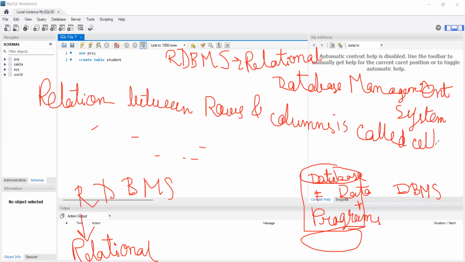Which relation? In the RDBMS system, the data that we store is in a structural way, or in a tabular form.